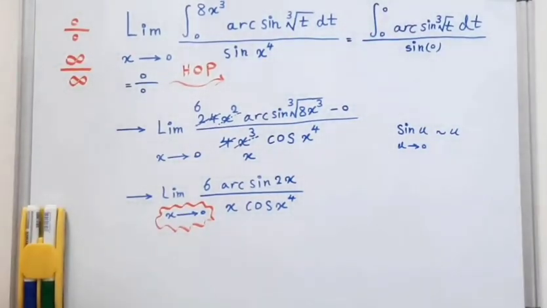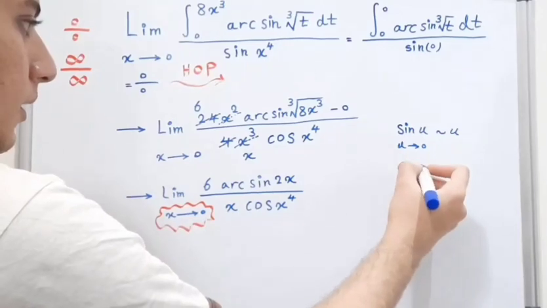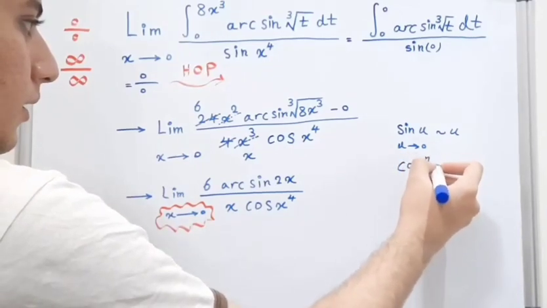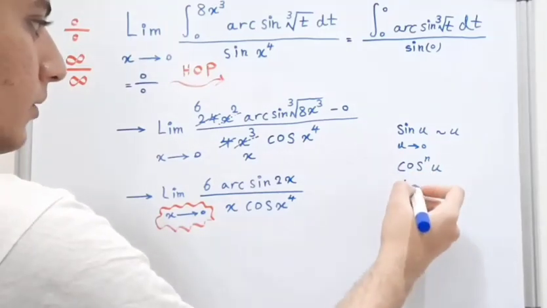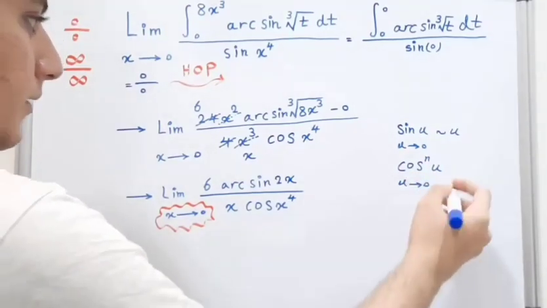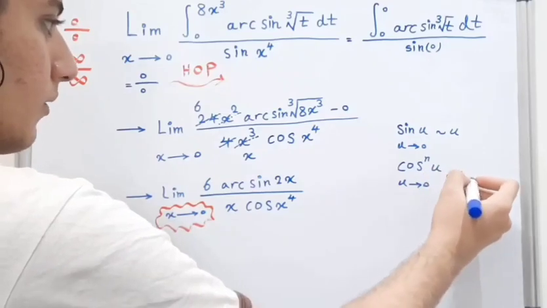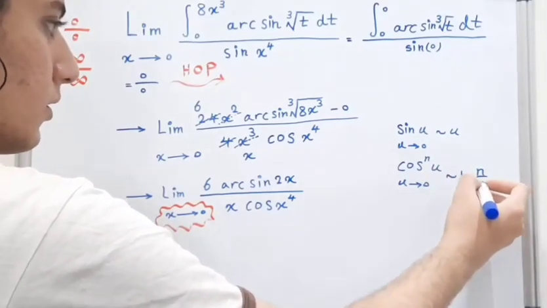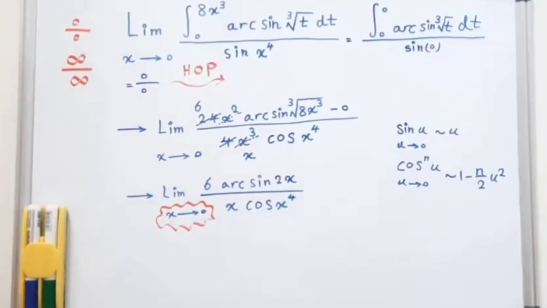I'm using Taylor, it is the Maclaurin formulas. And cosine u and its power n, when u is approaching 0, is approximately 1 minus n over 2 multiplied by u to the power 2.